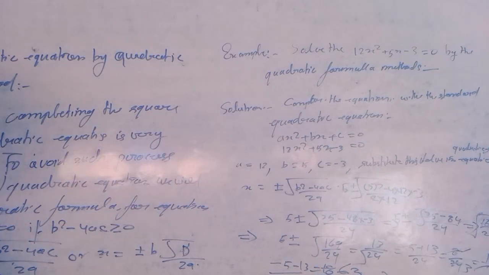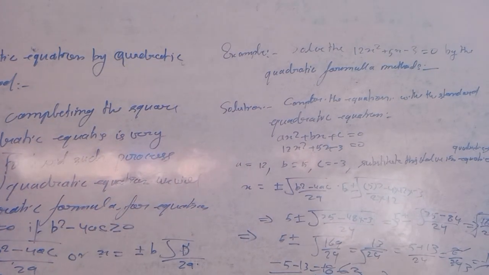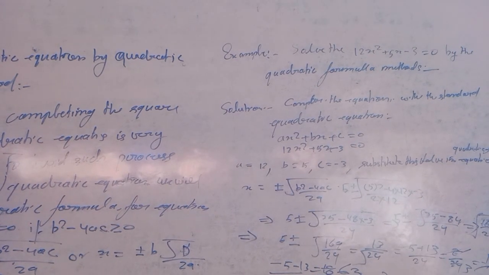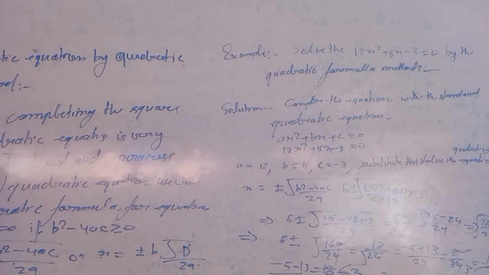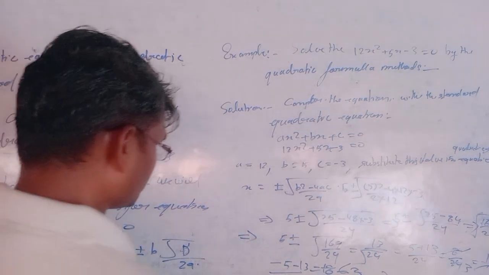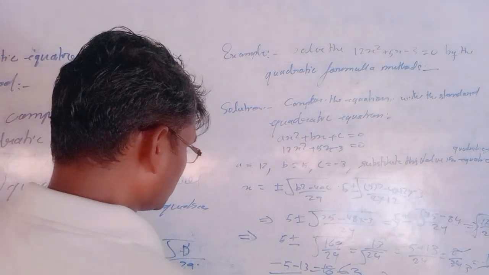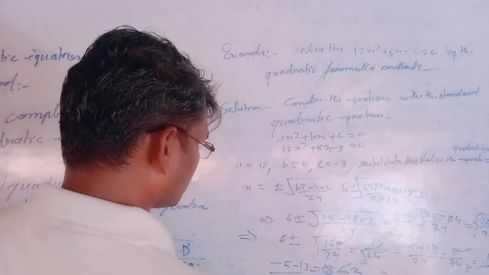So we have got two values, taking positive and negative: 1 by 3 and minus 3 by 4. So the answer will be 1 by 3 and minus 3 by 4.